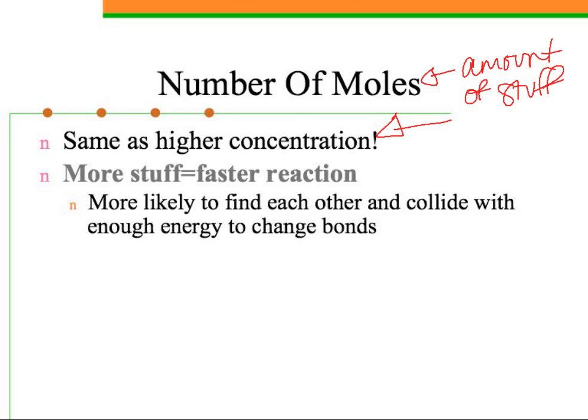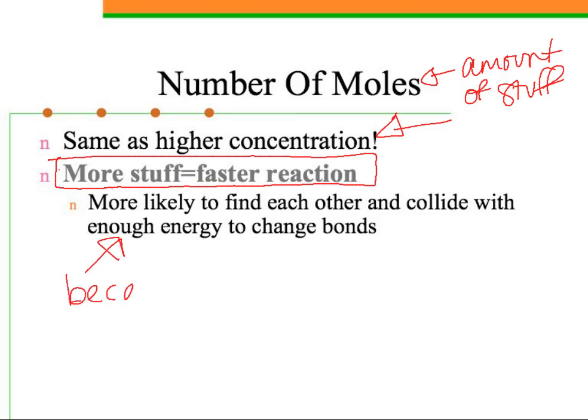So if we increase the number of moles, we'll have more stuff around, and that'll make a faster reaction. So here's the reason: the chemicals are more likely to find each other and collide with enough energy to change bonds and in the right direction.